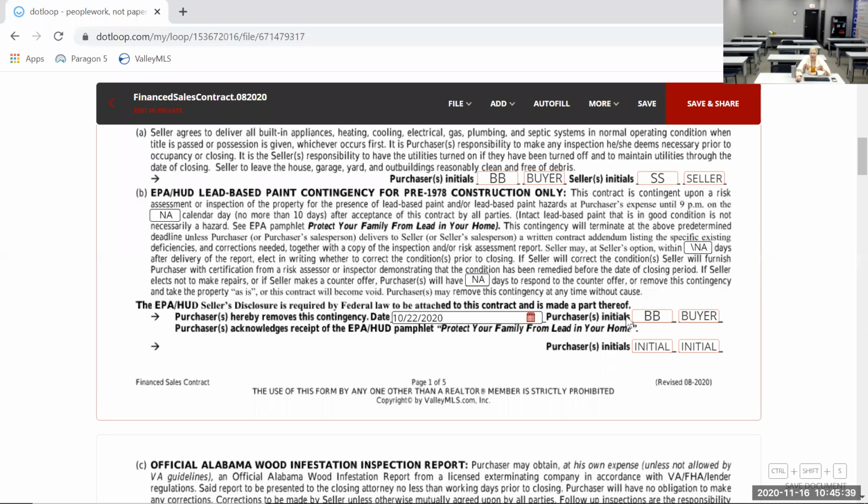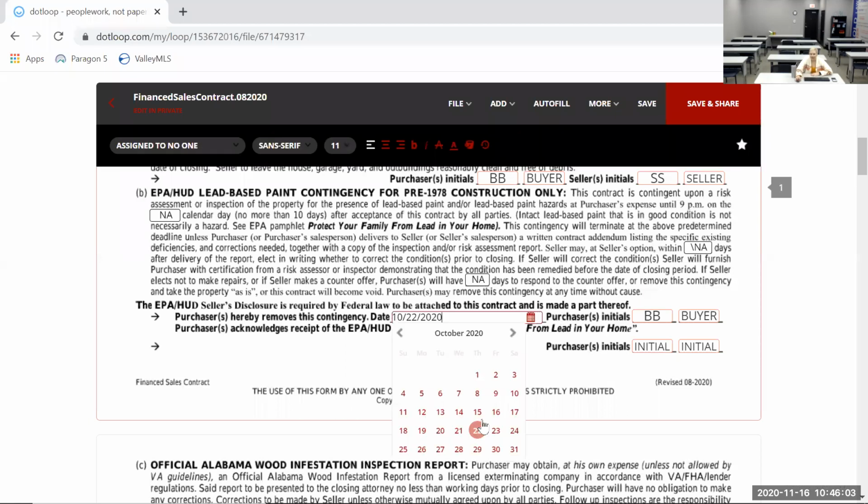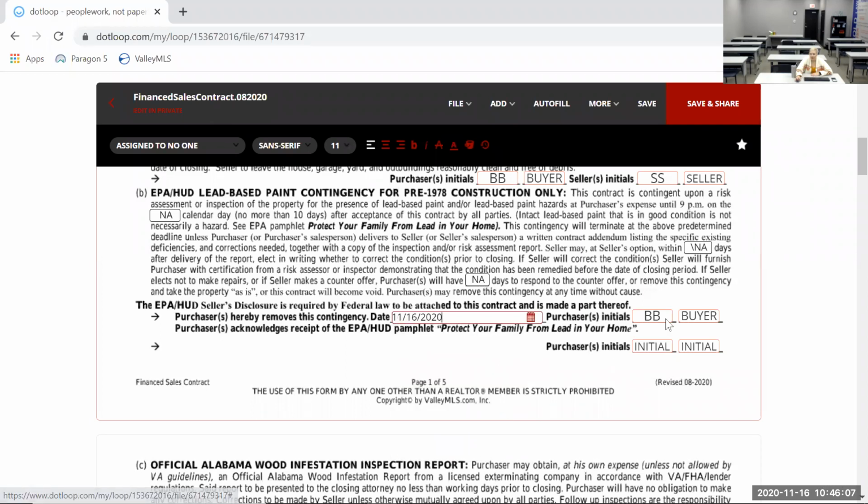Now, these two initials down here, super important. It's my biggest pet peeve. It is either the top one or the bottom one. It is not both. So the top one is removing the contingency for lead-based paint. So if it is post-1978 construction, you would just select today's date that you write the offer, and they would initial the top one.